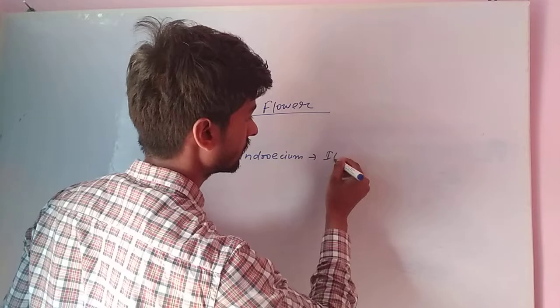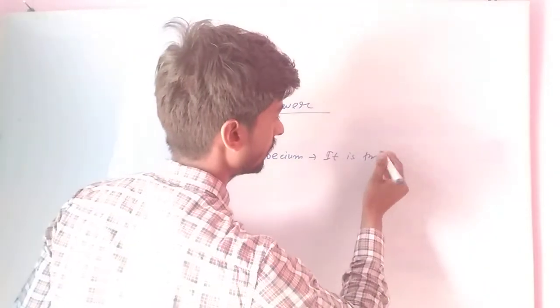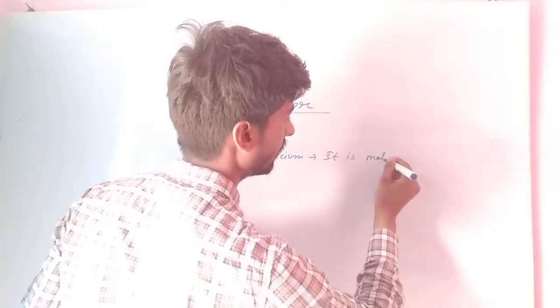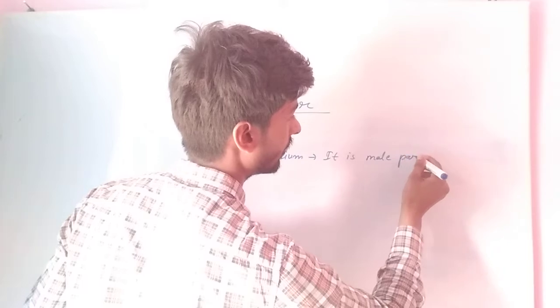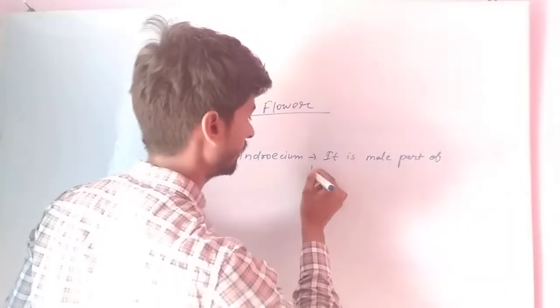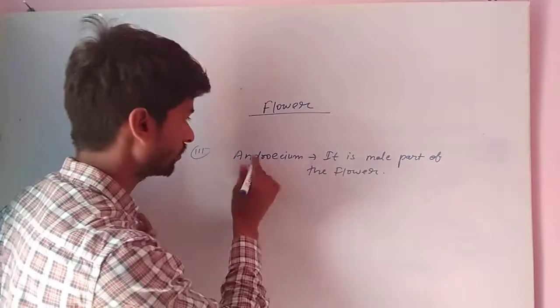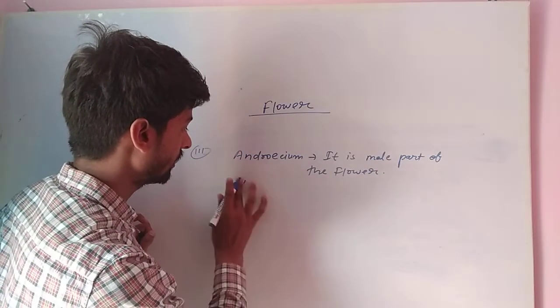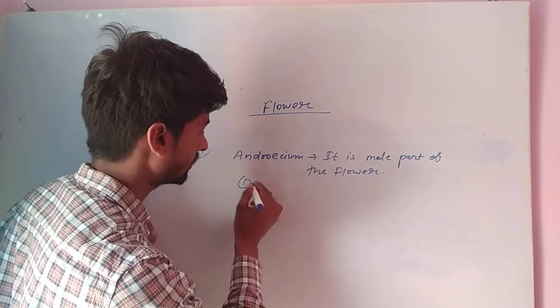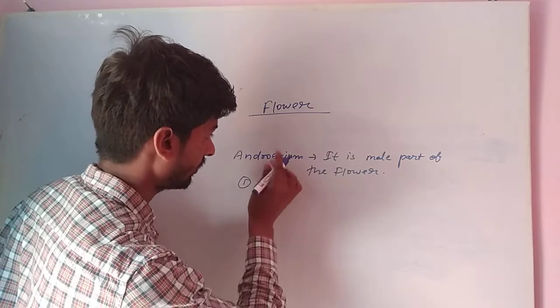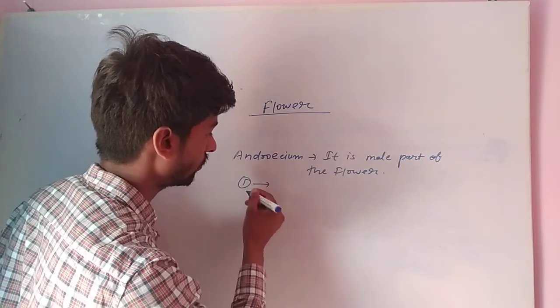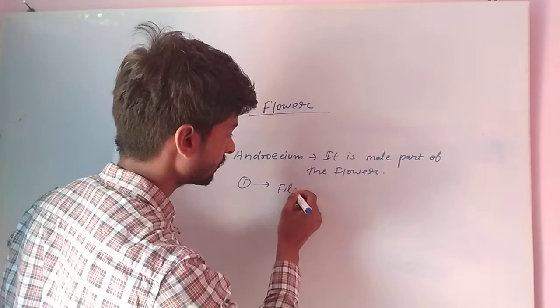It is the male part of the flower. In the androecium there are three parts, male parts. First one is known as filament.